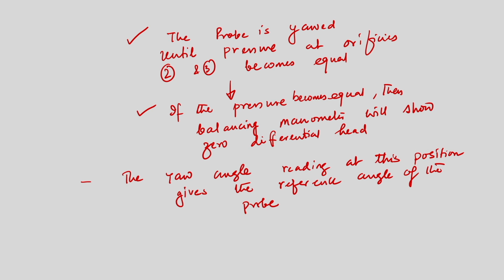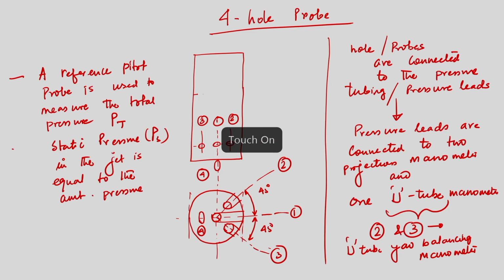Now what is done? Manipulating the pressure taps, the value of P1 minus P2. So now if I go back to the previous slide, 2 and 3 are connected to the yaw balancing manometer. The probe is placed in a jet, and we can calculate the total pressure using a reference pitot probe, right.